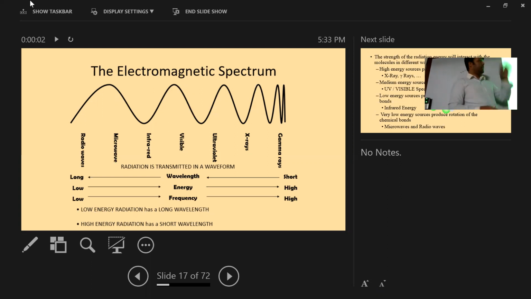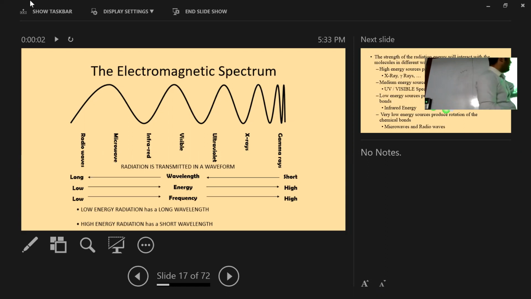This high energy wavelength can penetrate. It is so high energized that it can penetrate through our body. But if I give this light, it cannot pass through even my hand because this is visible, so it has moderate energy, not very high.